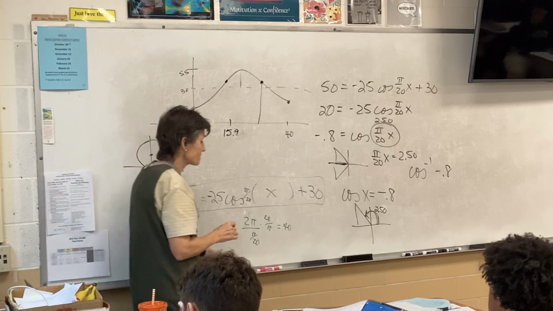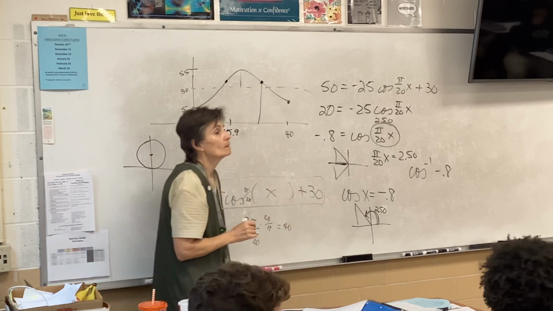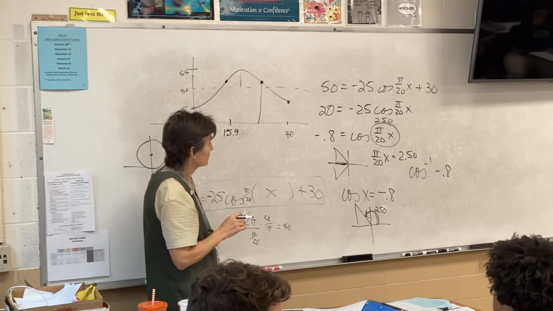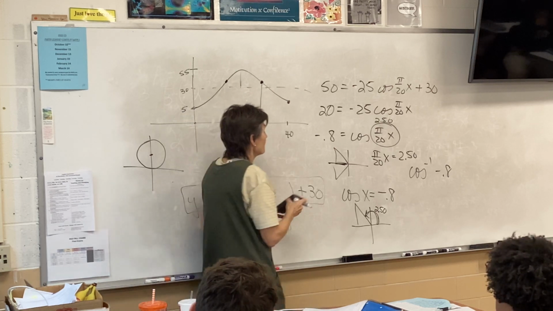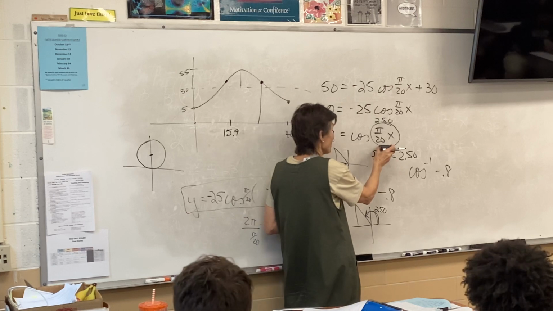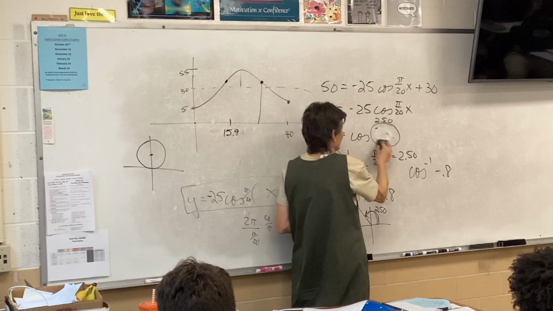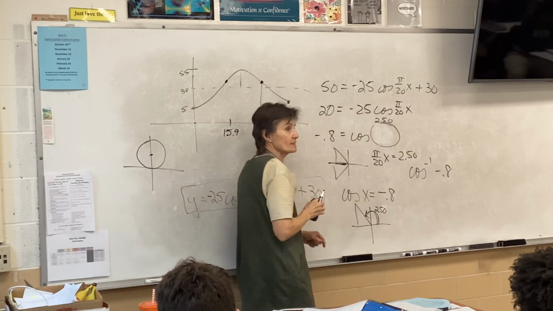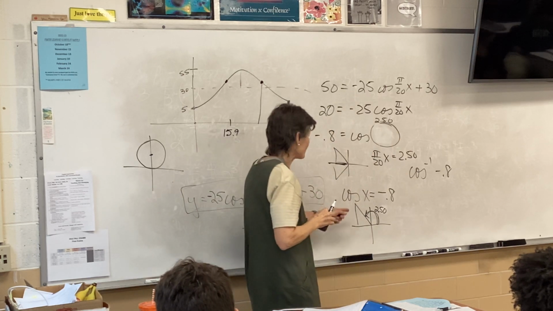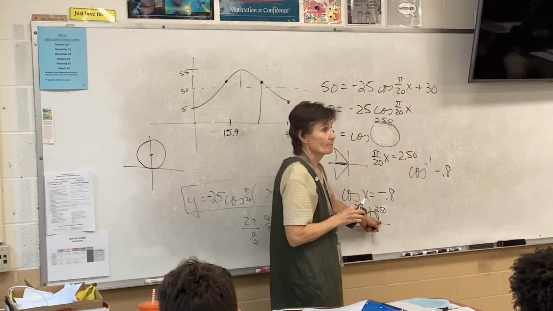Tess? I'm pretty certain... where'd you get cos of x from? No. This says the cosine of some angle is negative 0.8. Forget what we call it. The cosine of some angle is negative 0.8. So I have to figure out what that angle is.